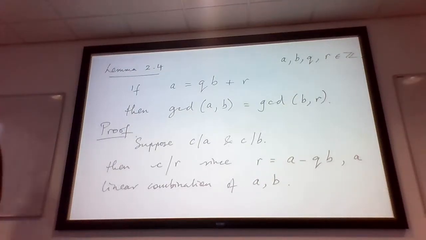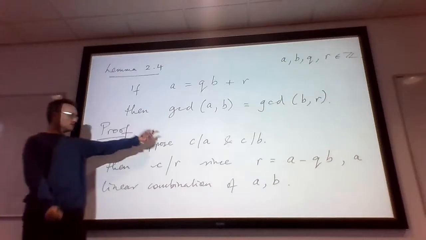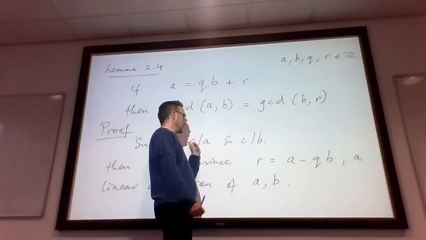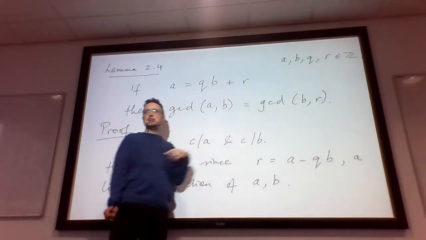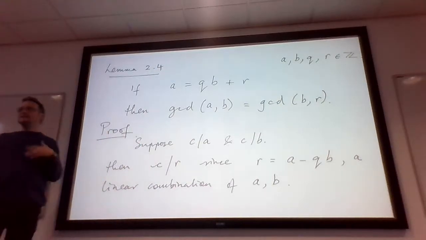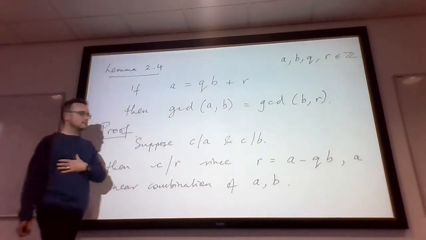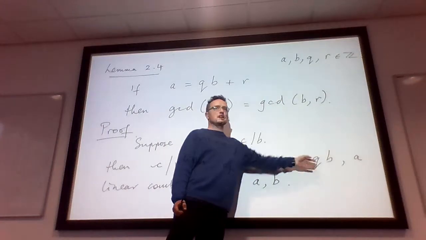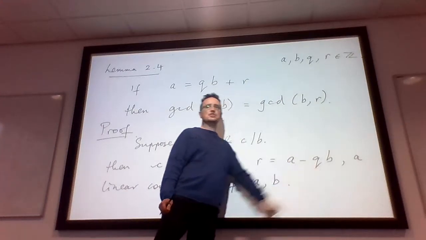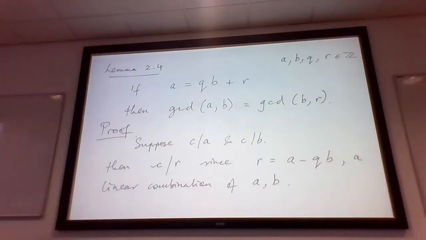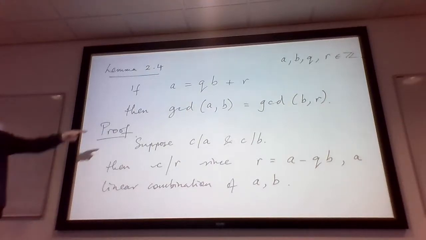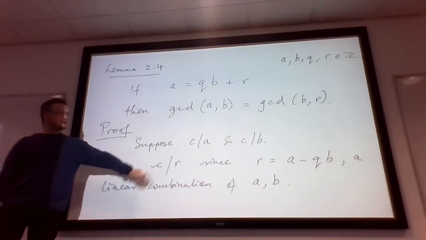Part 3 of theorem 2.1 says if you've got any common divisor, any number C that divides A and B, it automatically divides every linear combination of them, where the coefficients of the linear combination, here 1 and minus q, are integers. So if C divides A and B, it automatically divides R.